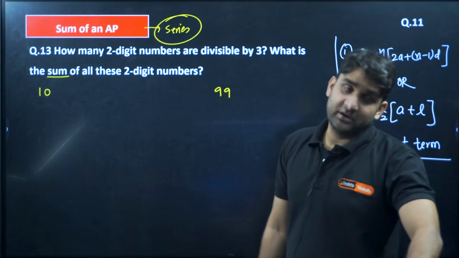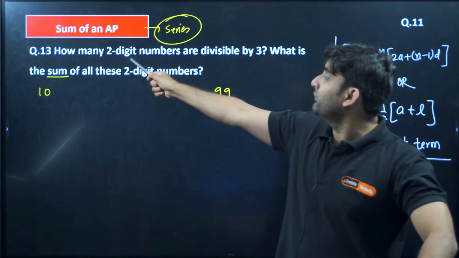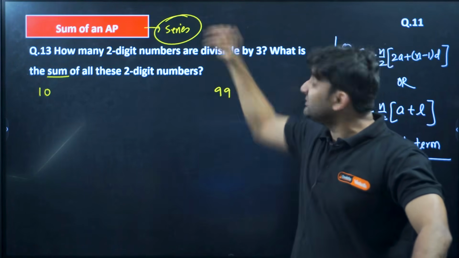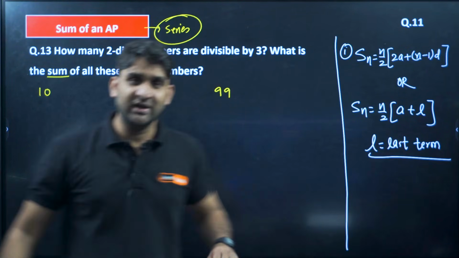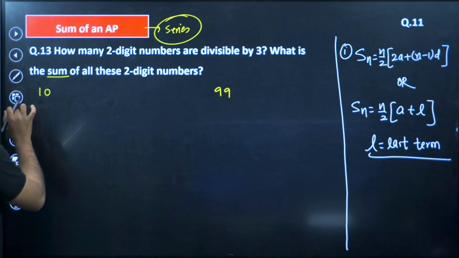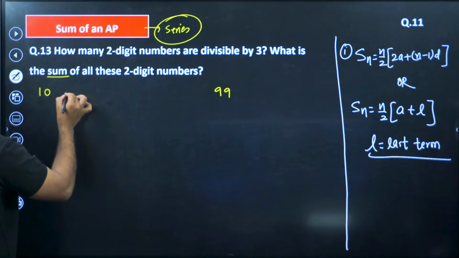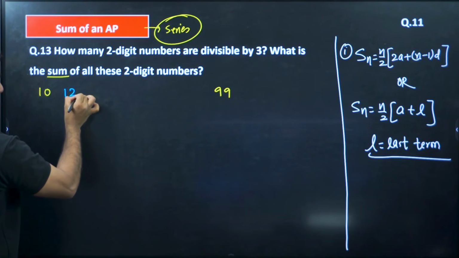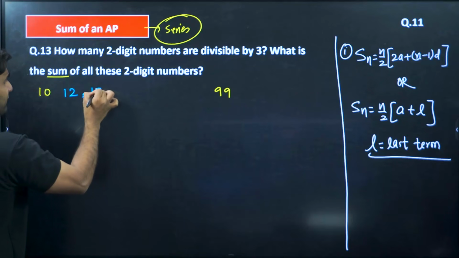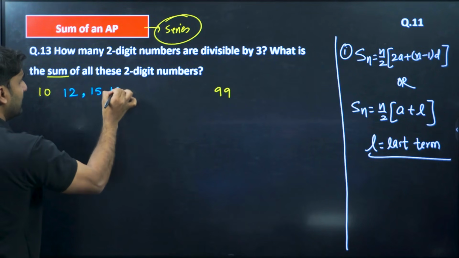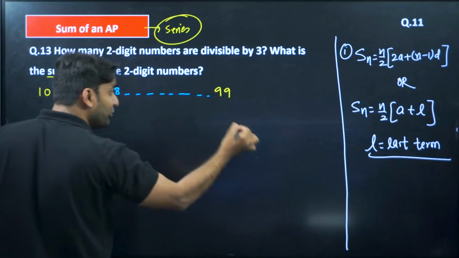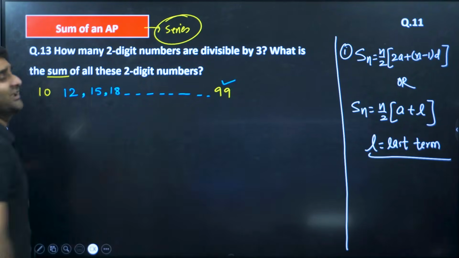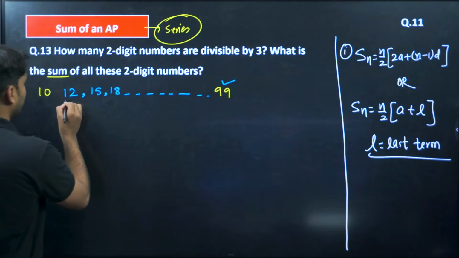And what kind of numbers do we require? We require 2-digit numbers that are divisible by 3. 10 is not divisible by 3, 11 is not divisible by 3, but the first number divisible by 3 is 12, then 15, then 18. All these numbers can be divided by 3, and 99 can also be divided by 3. So this will be your AP.